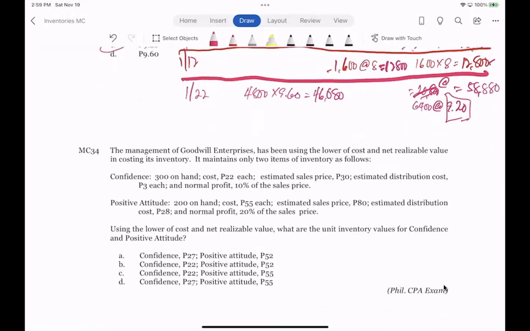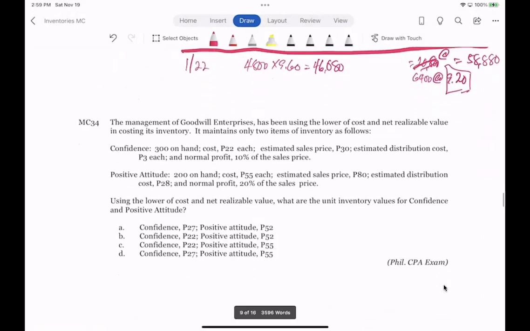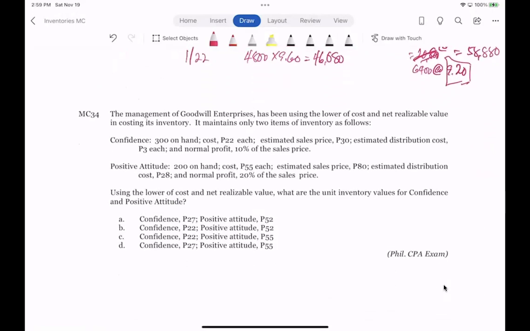Then proceed to MC 34. Using the lower of cost and net realizable value, what are the unit inventory values for confidence and positive attitude? The management of Goodwill Enterprises has been using the lower of cost and net realizable value in costing its inventory. It maintains only 2 items of inventory as follows.